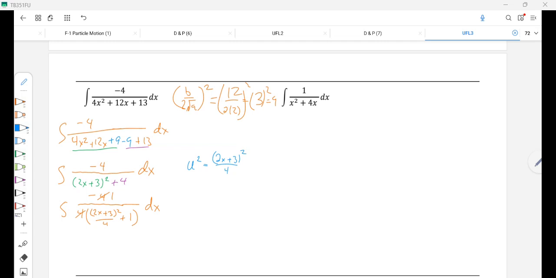So which makes our u 2x plus 3 over 2, which is just x plus 3 halves. Which makes our du just dx.